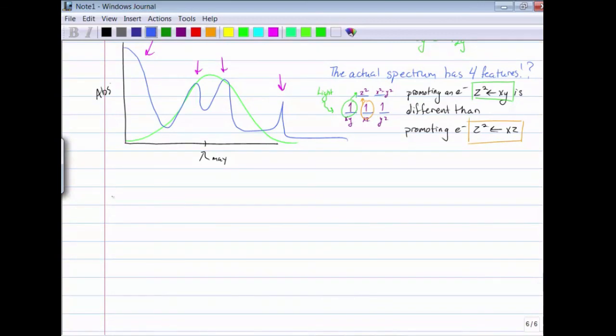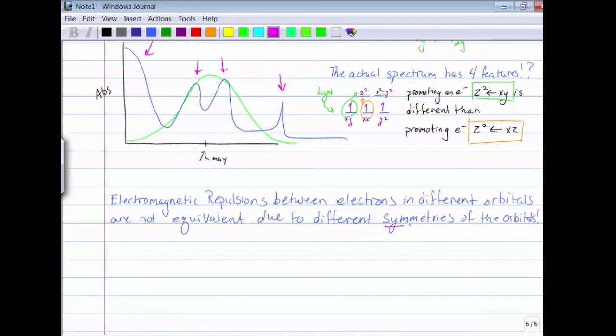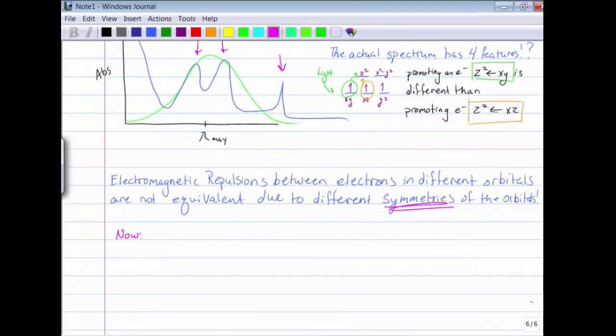So what I just said was, so we're back to our old friend symmetry. And now, in order to predict or interpret absorbance spectra, we have to consider something called microstates.